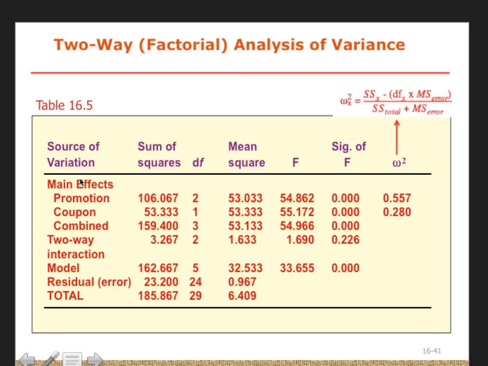The second main effect is of store couponing. We see again that we can reject the null hypothesis that couponing has no effect on sales. And then we have what's called the two-way interaction, which in this case we accept the null hypothesis that the interaction has no effect on sales.